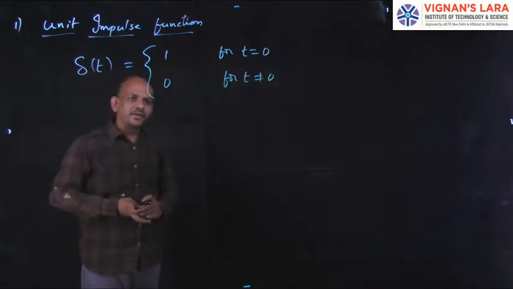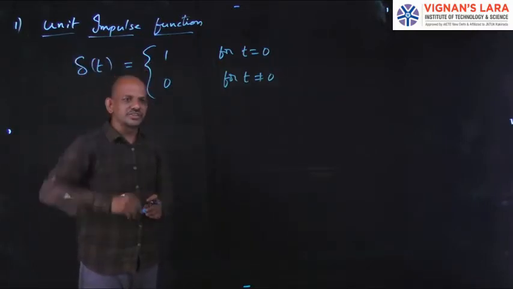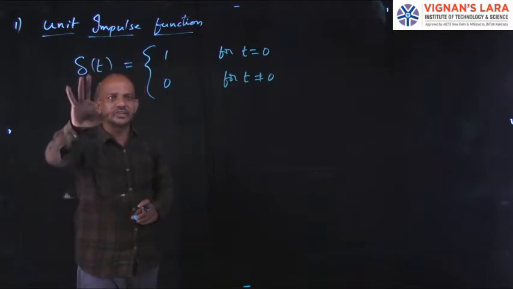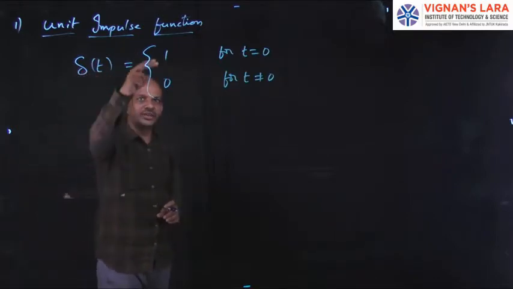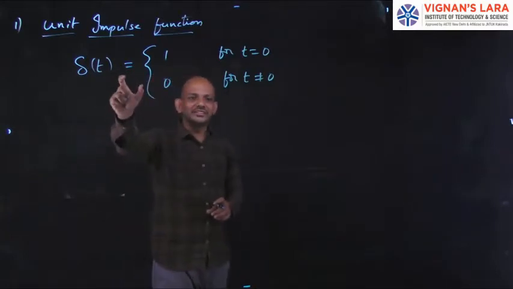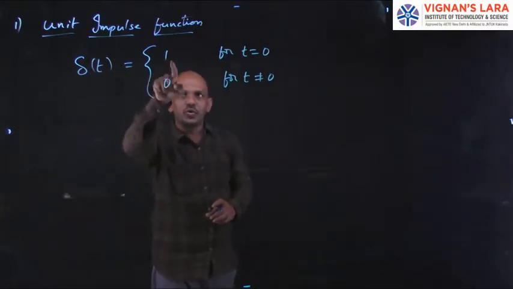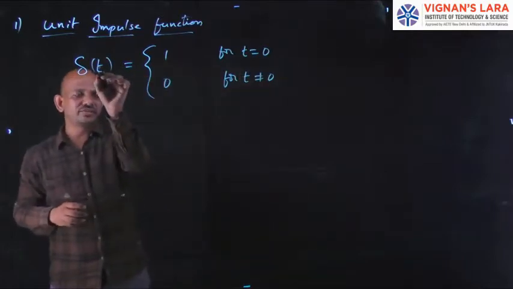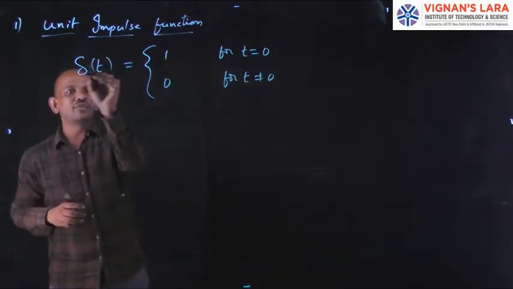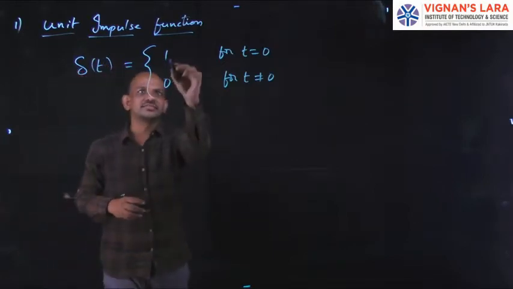Here the function is given as the unit impulse function, represented with del of t. This del of t has only two values, that is 1 and 0, and it has the value 1 at t equal to 0. So whenever t is 0, del of 0 is 1.